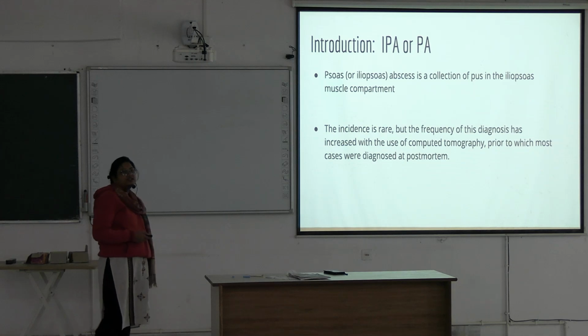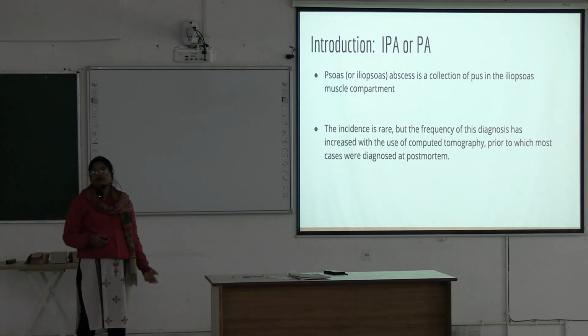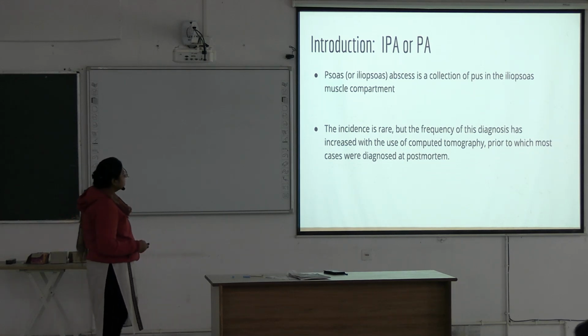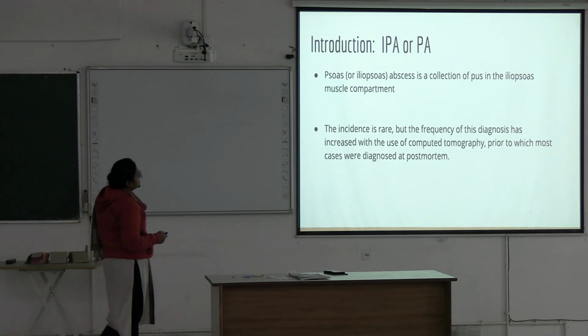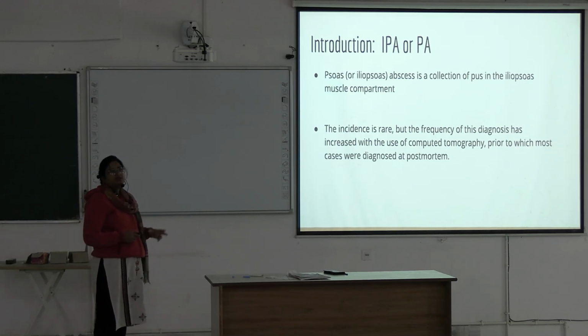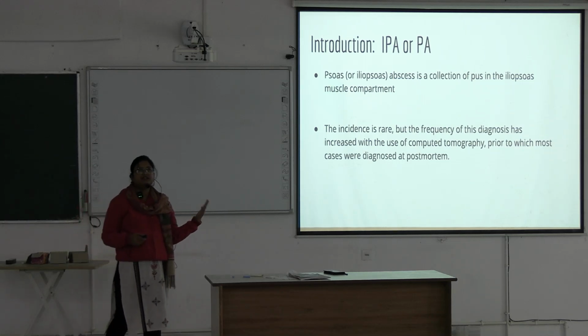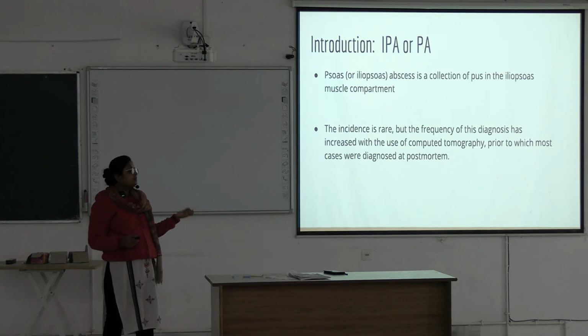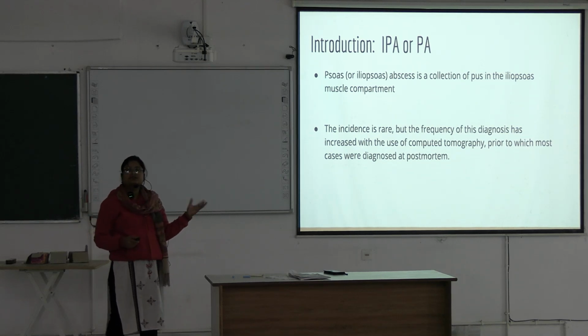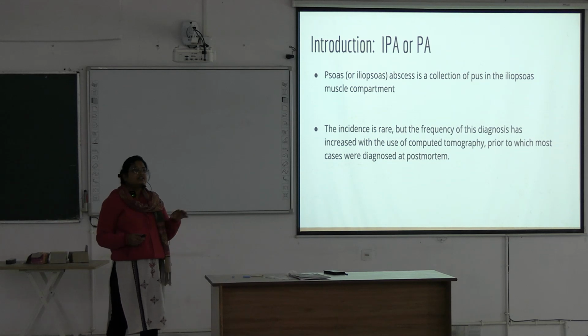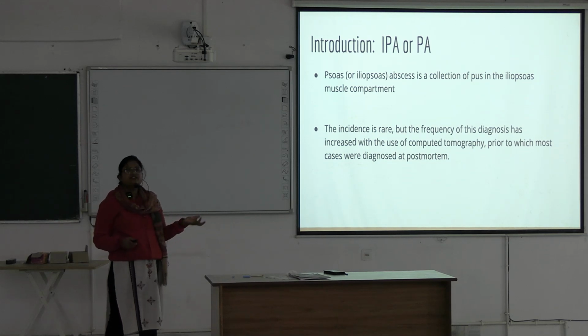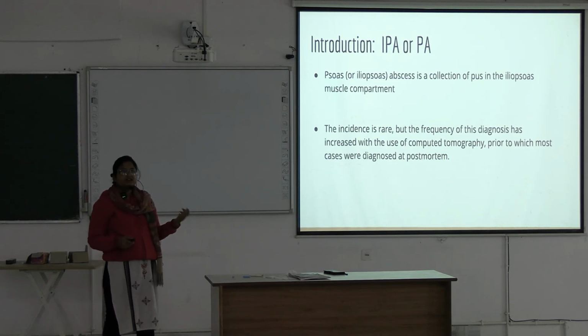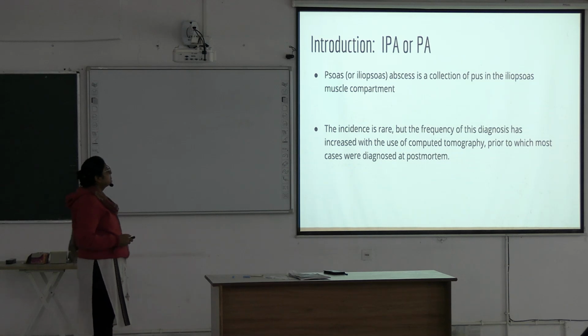Next we go to the iliopsoas abscess or psoas abscess. The iliopsoas muscle is lying together, and they are together covered by a deep fascial covering. So in case of abscess or pus formation, the pus is contained within this iliopsoas fascia, and that is known as iliopsoas abscess.